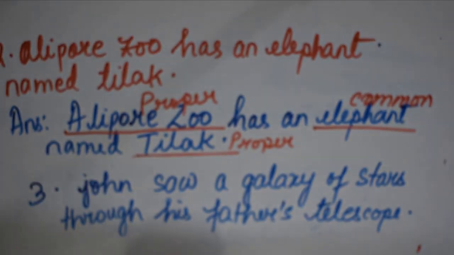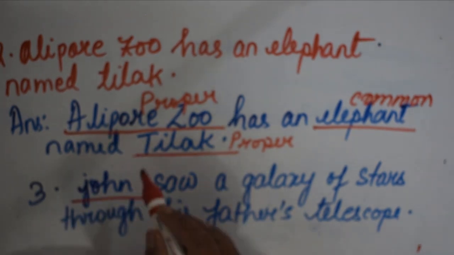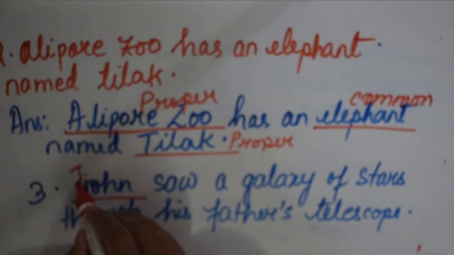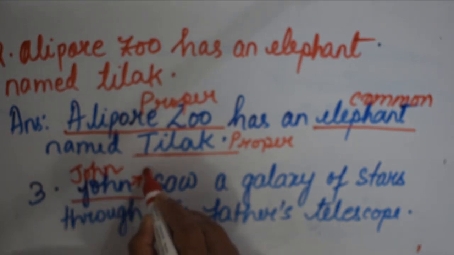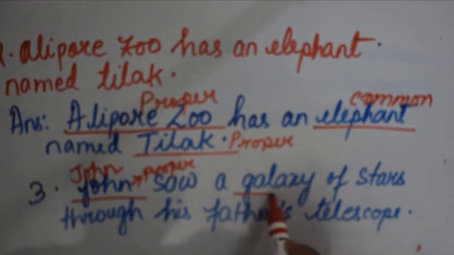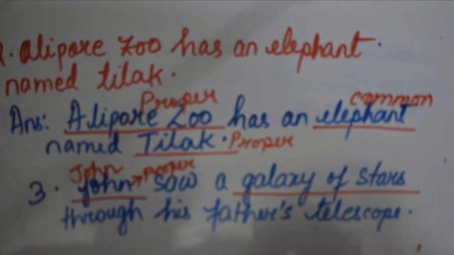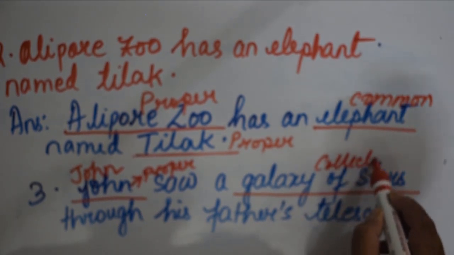I'm not rewriting the sentence all over again, I'll just mention the answer. John is a proper noun and should be written with a capital J. Galaxy of stars, this entire phrase should be underlined and written as a collective noun.